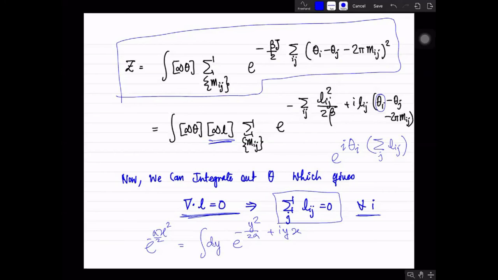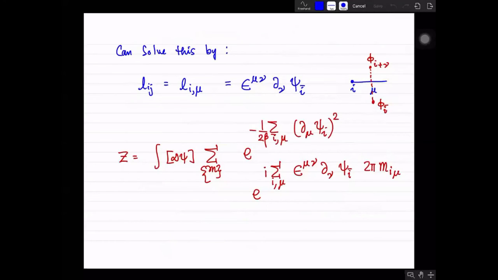And in 2 dimensions, the divergence condition on L can be satisfied as follows. I use a new notation. I call Lij, where i is a site and j minus i is the direction, as mu. So think about a square lattice.